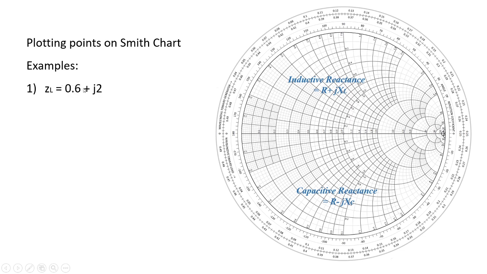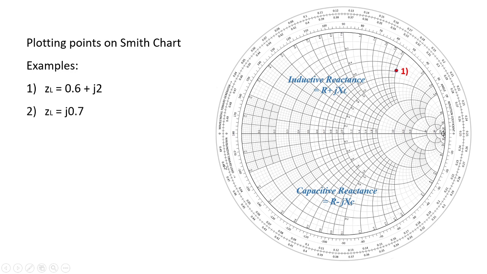Here you can see the real part and imaginary part. 0.6 represents the resistance value and J2 is the reactance XL. So 0.6 will be plotted on the real axis, and J2 will be on the circumference of the Smith chart. The intersection of both will give us the point: 0.6 and 2.